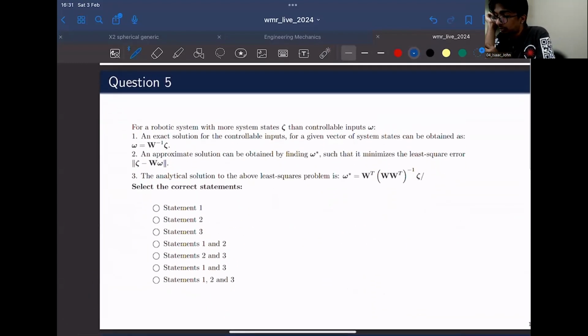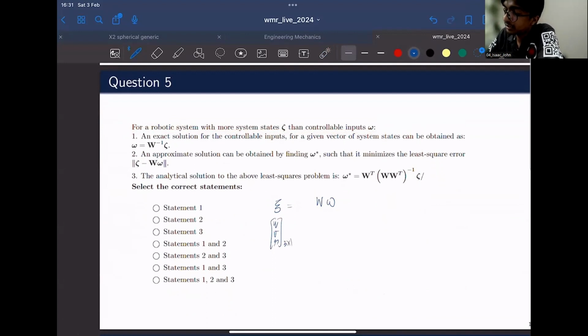Okay, so question 5. I think this is a different question. Yeah, so we'll look into this. For a robotic system with more system states than controllable inputs, we'll write this as zeta equals W times omega, and zeta would be again U, V, R, a 3x1 vector.